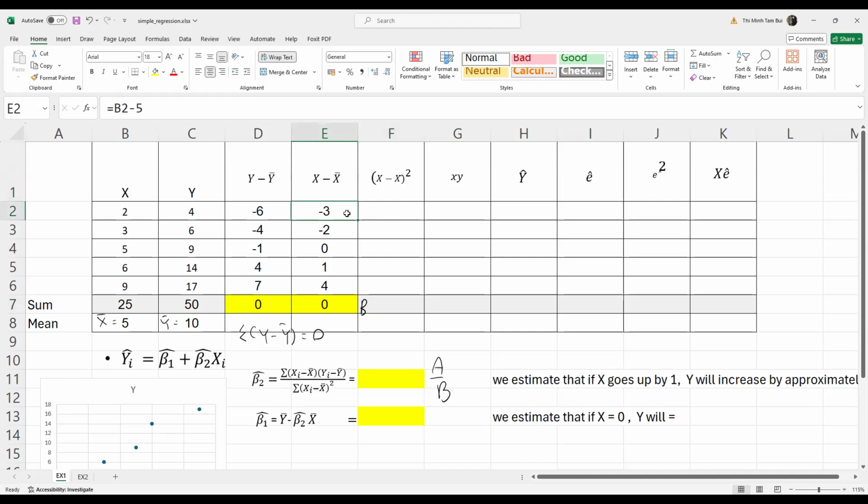For example, minus 3 will become 9. Minus 2 squared is 4, 1, 16. Okay, so this is the formula. You use the left cell power by 2, and then you use sum.